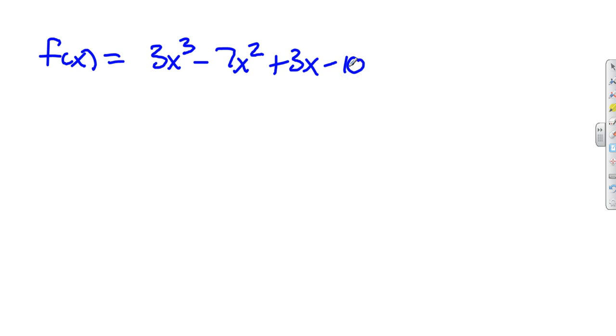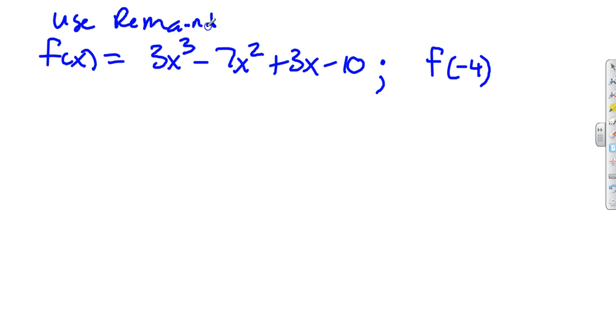Sometimes they'll give you a function like this, and then they'll say f of -4, and they may tell you to use the remainder theorem. If they give you a function and this number, you don't have to change the sign, because by it being this number that's here, they're already telling you we want you to plug in x for -4, because they've already got it written this way.